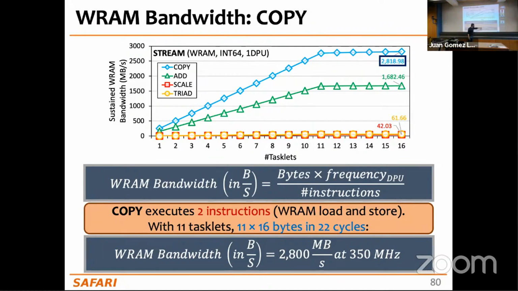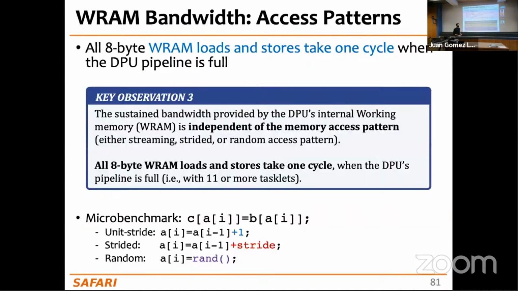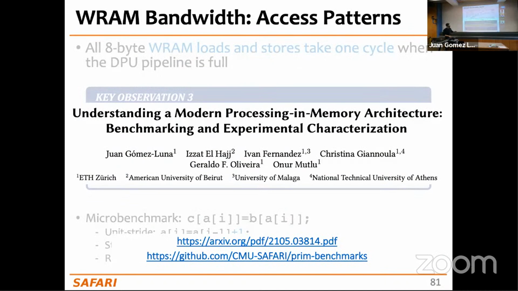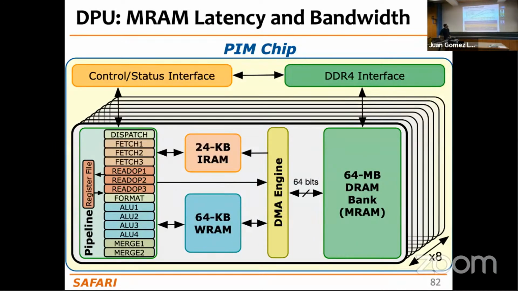So in total, we are moving 11 times 16 bytes using a certain number of instructions. And this way, we obtain 2,800 megabytes per second, which is very similar to what we are measuring, right? In our paper, you can find more results, also more analysis for the other versions of the STREAM benchmark. And we don't have time to go over all of them in a lot of detail.